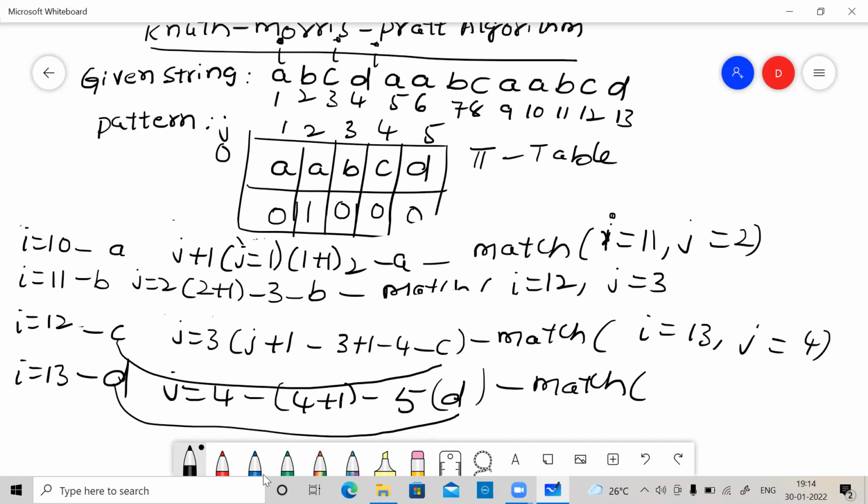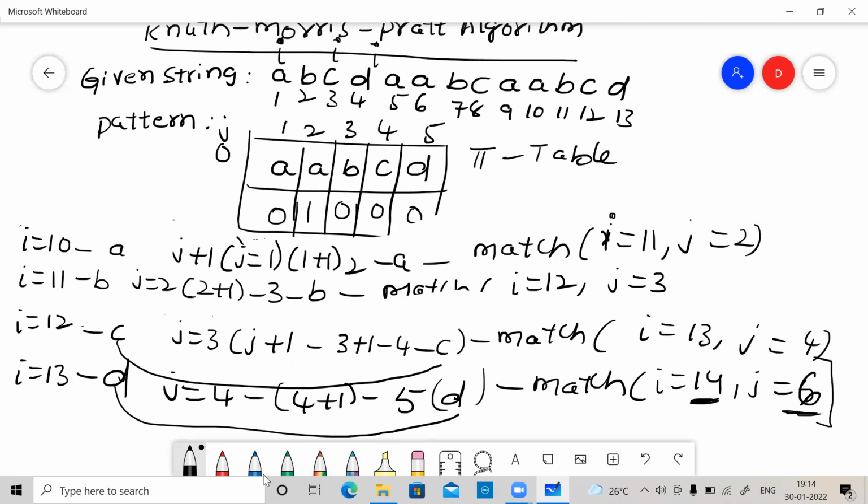So if you increment, we'll be getting 14 and J is equal to 6. Here 14 means it's the end of the string and 6 means this pattern is also over.